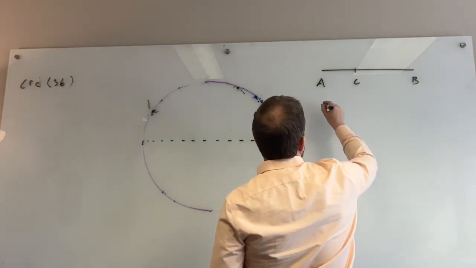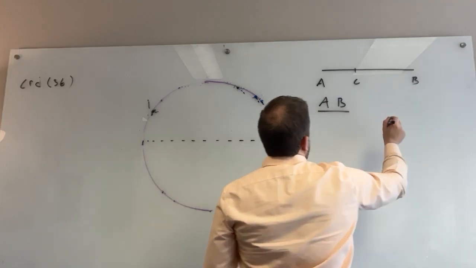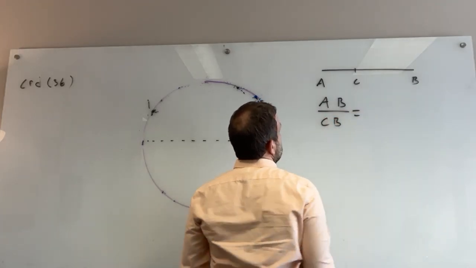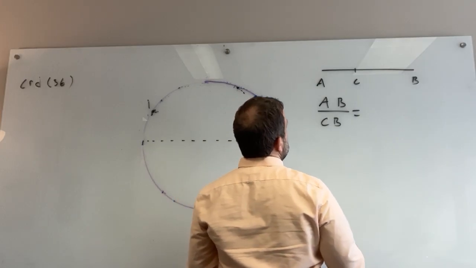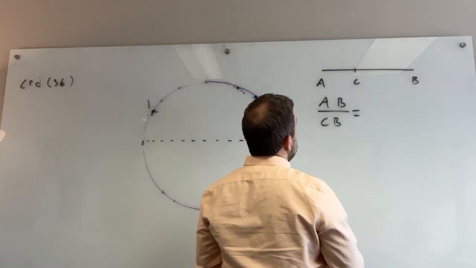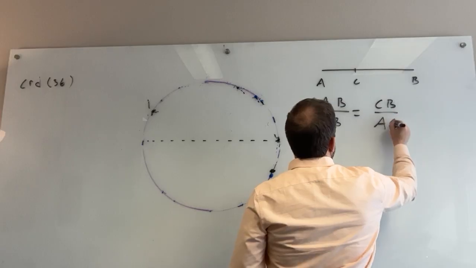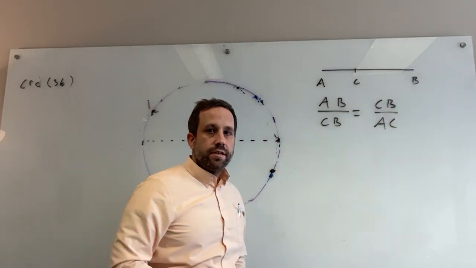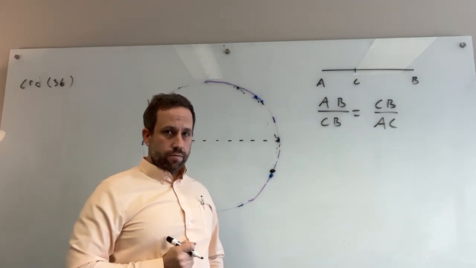If AB divided by CB is equal to CB divided by AC, then we say that C divides the line into extreme and mean ratio, or the golden ratio.